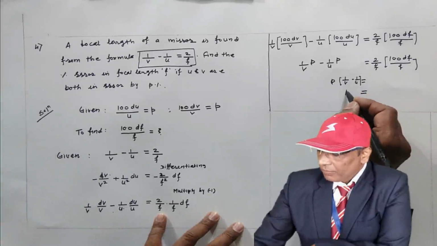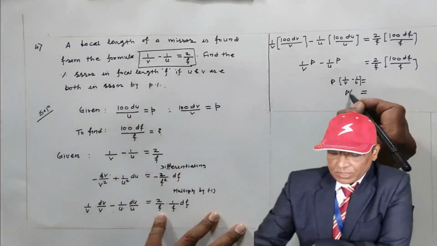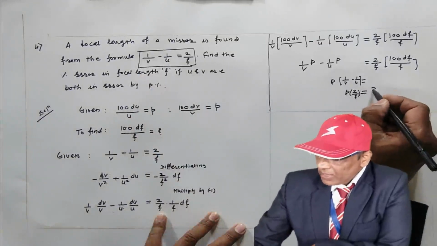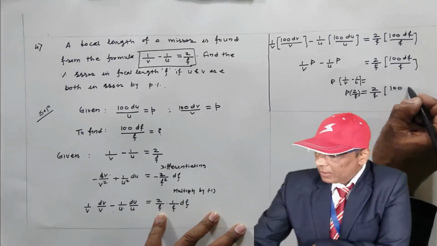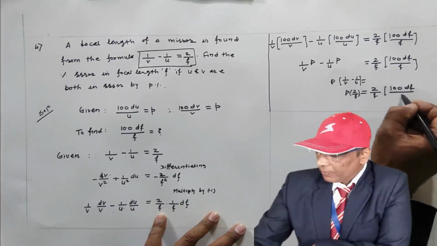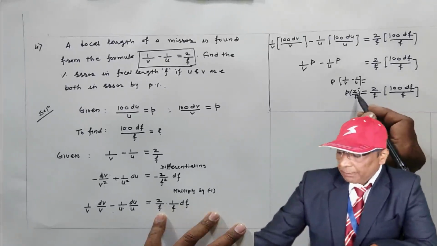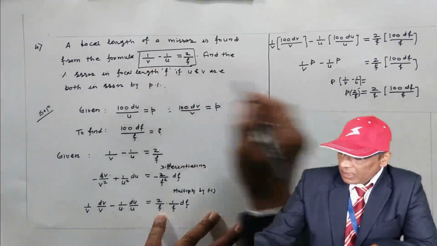It's 2 by F. Okay, F is a non-zero thing, because for focal length, if F is 0, everything will collapse. The 2 by F gets cancelled. So P is equal to 100 dF by F. And that is what we want. We want the percentage error in F. The percentage error in F is what?